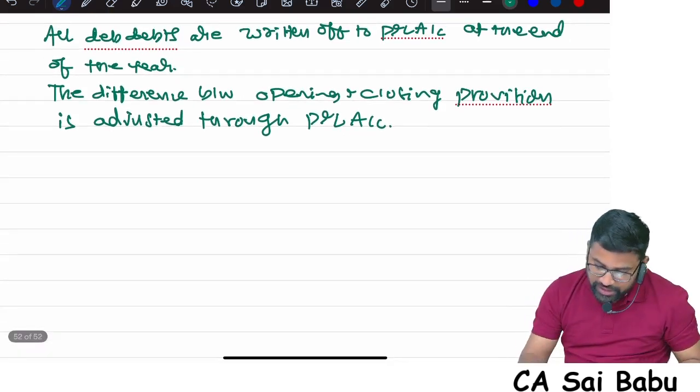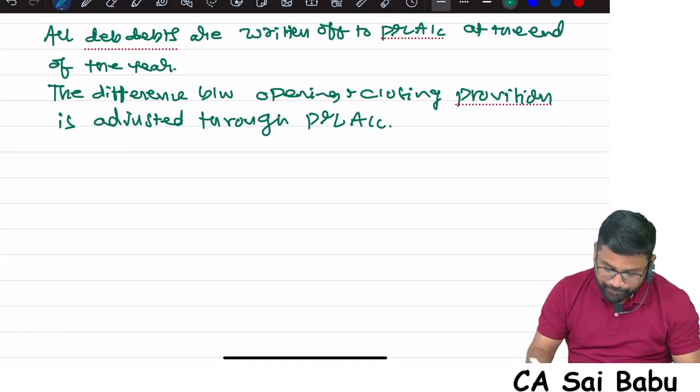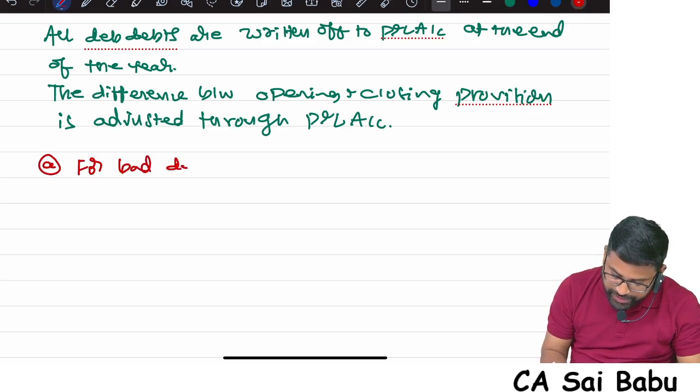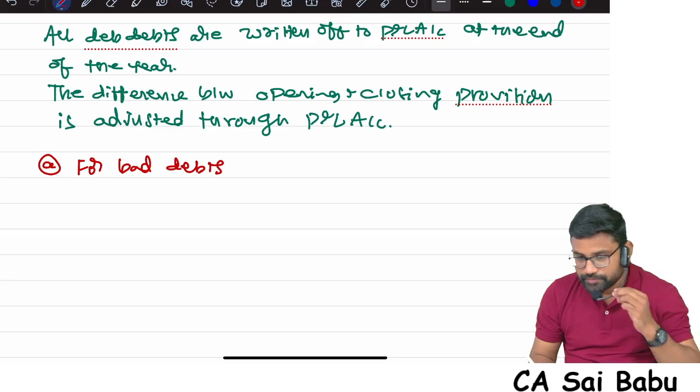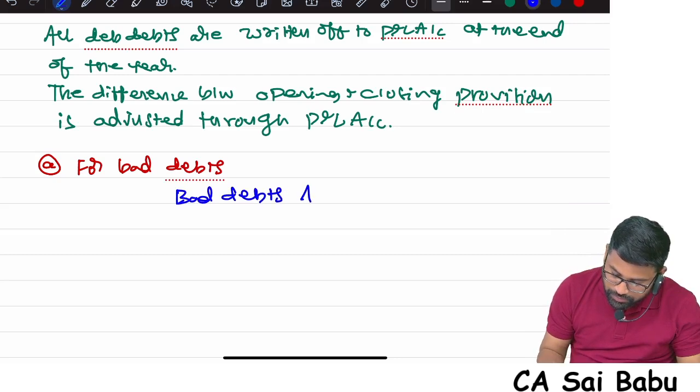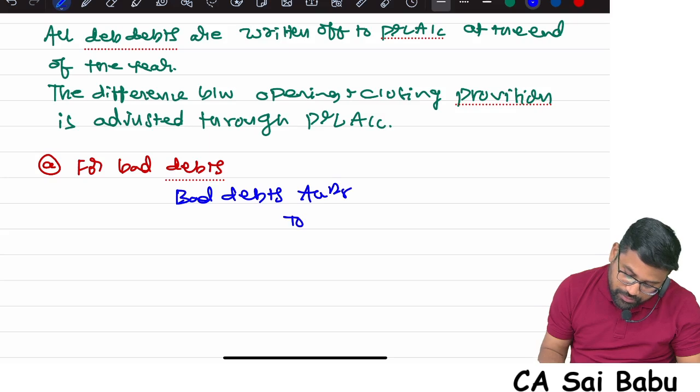See, here the entries are like this. First, for bad debts, what is the entry? Bad debts account debit to sundry debtors account.